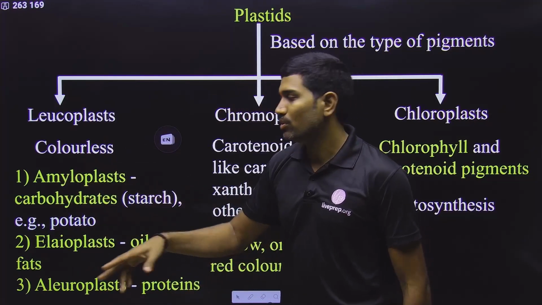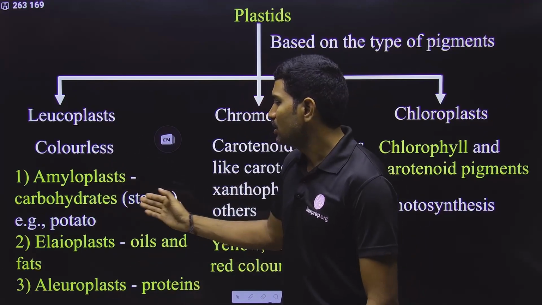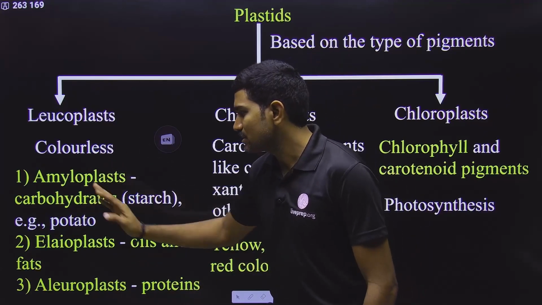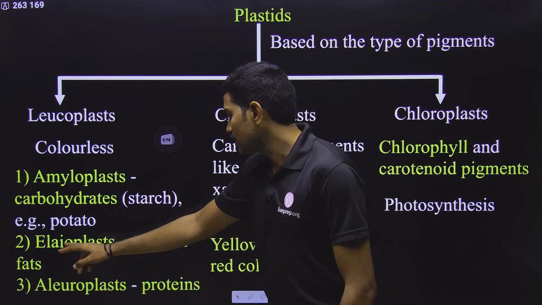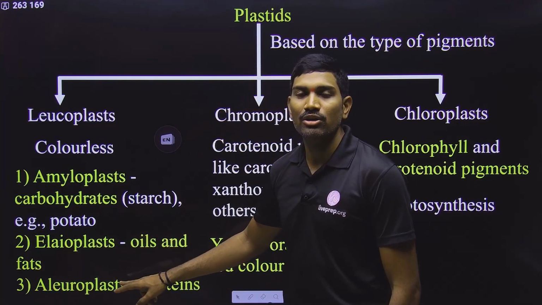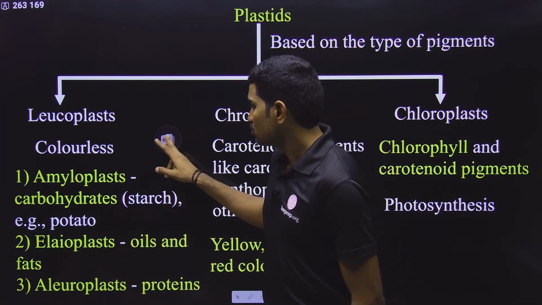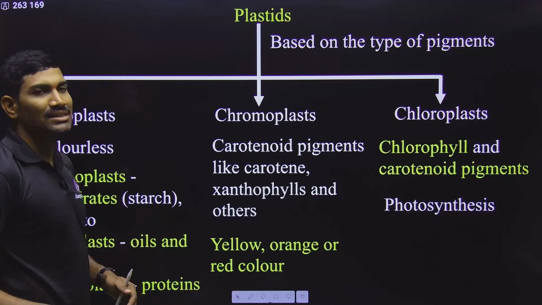Amylo means carbohydrate, so they store carbohydrates like starch. One standard example is potato. Next are elaioplasts. They store oils and fats. Next are aleuroplasts. They store proteins. In this way, based on the material stored, leucoplasts are of different types.